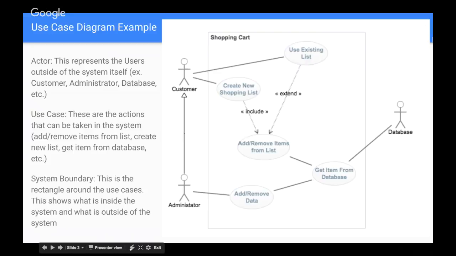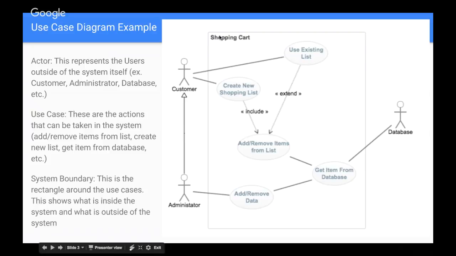The actions taken in the system are called use cases, these oval shapes here. And these include creating a new shopping list, adding or removing items from the list, and getting items from the database. So all these items here are things that these actors can interact with and how the system works.